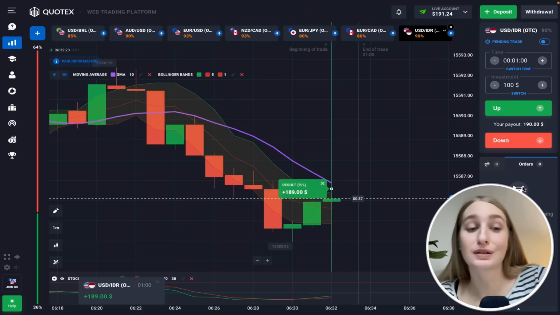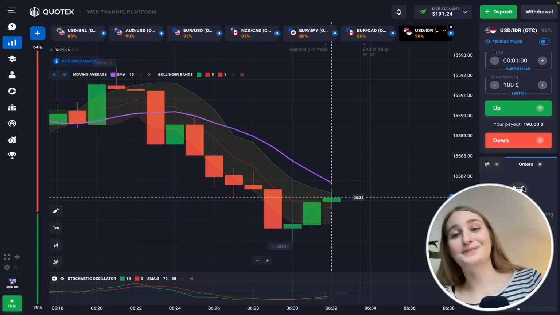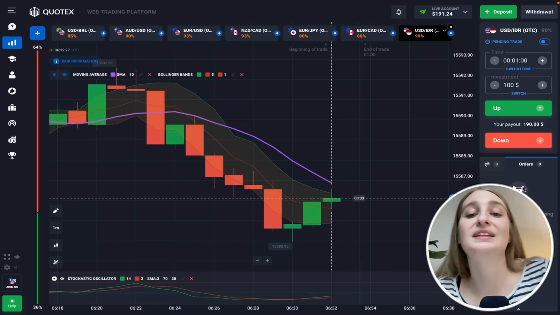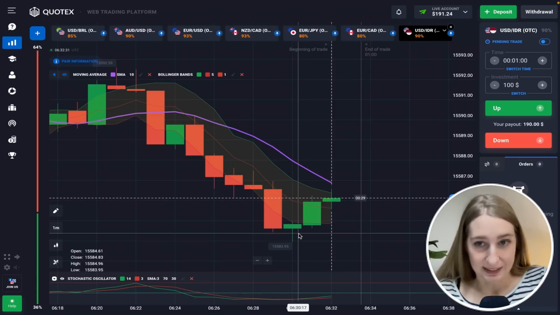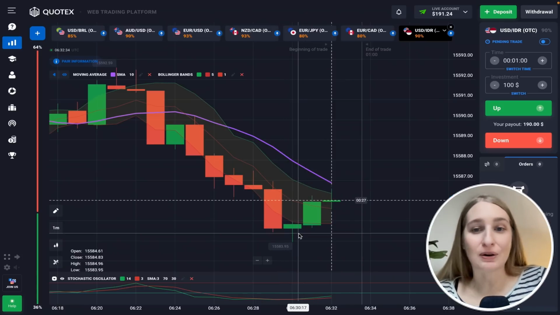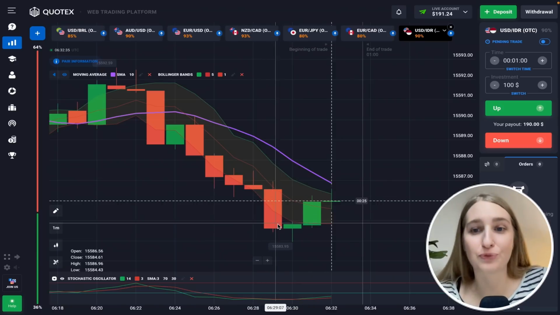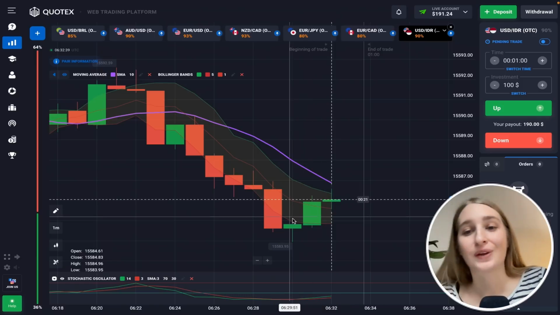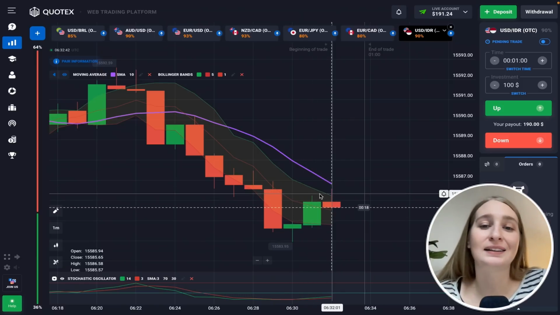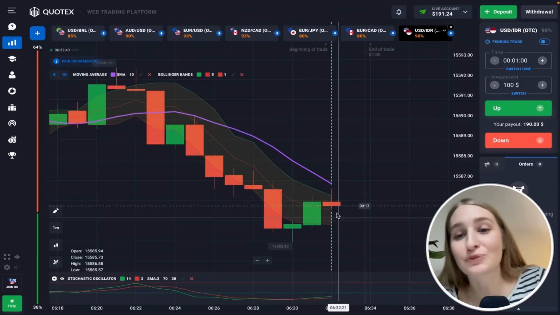So it's another good profit, of course. It was pretty clear because I saw that this green hammer was a good sign for me. Yes, and also the corridor of Bollinger Bands was narrowing, and it was kind of a good signal for me also. So you see the lines are going pretty straightforward right now.